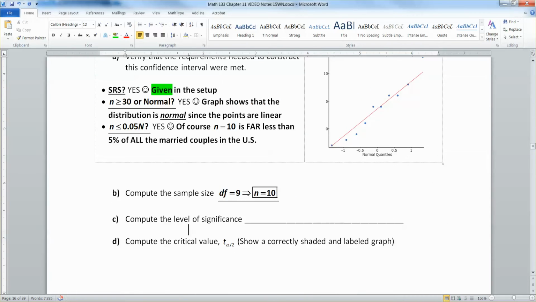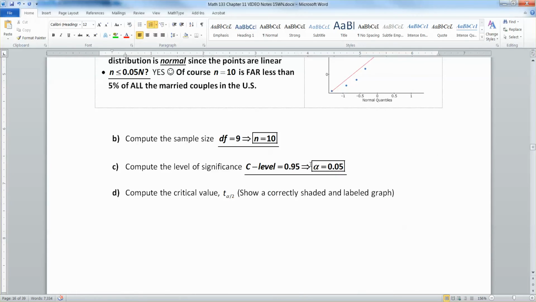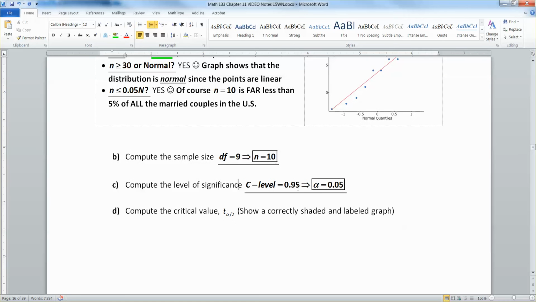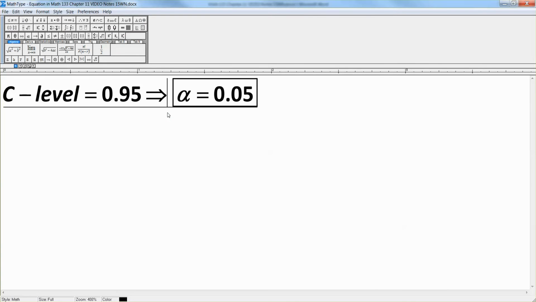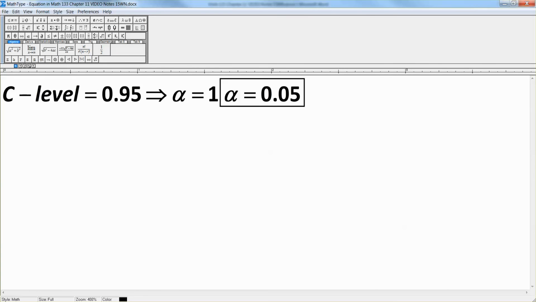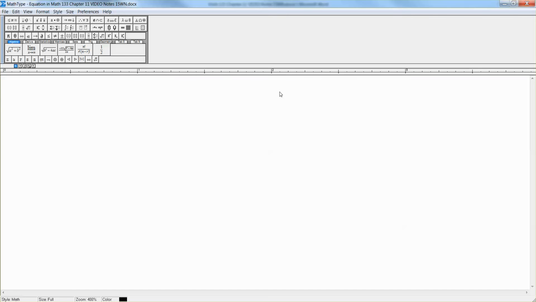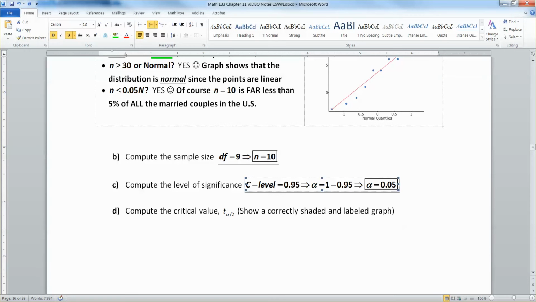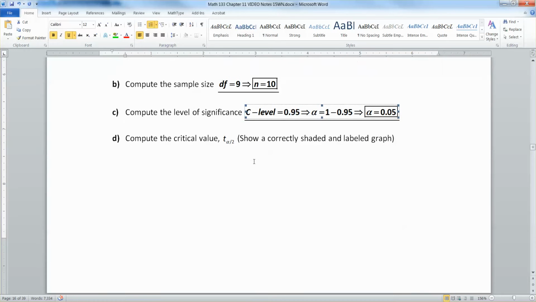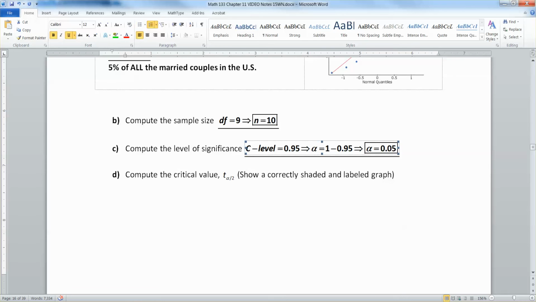If our confidence level is 0.95, then alpha is 1 minus that: alpha equals 1 minus 0.95, which means that alpha is equal to 0.05. All right, we're done with that. Now we need to compute the critical t values, t alpha over 2.